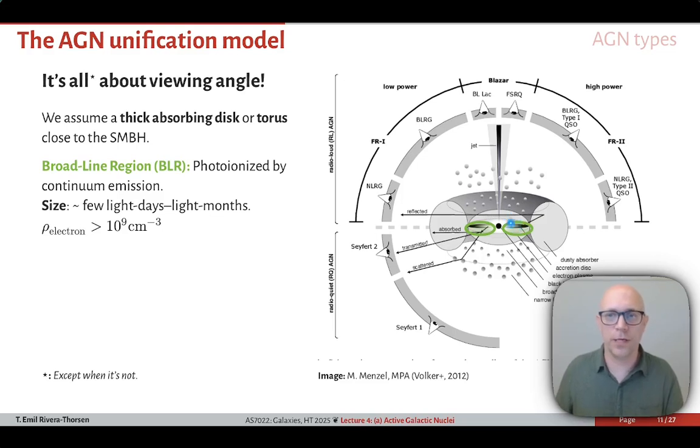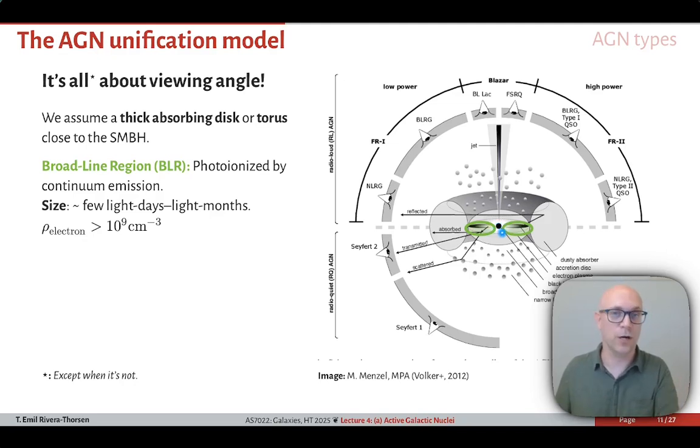We then have here, but actually also out here, so this figure might be potentially a little bit misleading, but we have these very close in, these broad line regions, which are photoionized by continuum emission from the accretion disk of the AGN itself. These broad line regions get very, very hot and very, very highly ionized. So that is where you see the emission lines from very highly ionized gas.